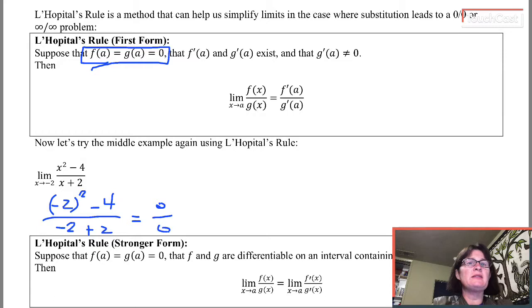I'm going to find f prime, which is going to be 2x. This limit is going to equal 2x over, well, the derivative there is 1.